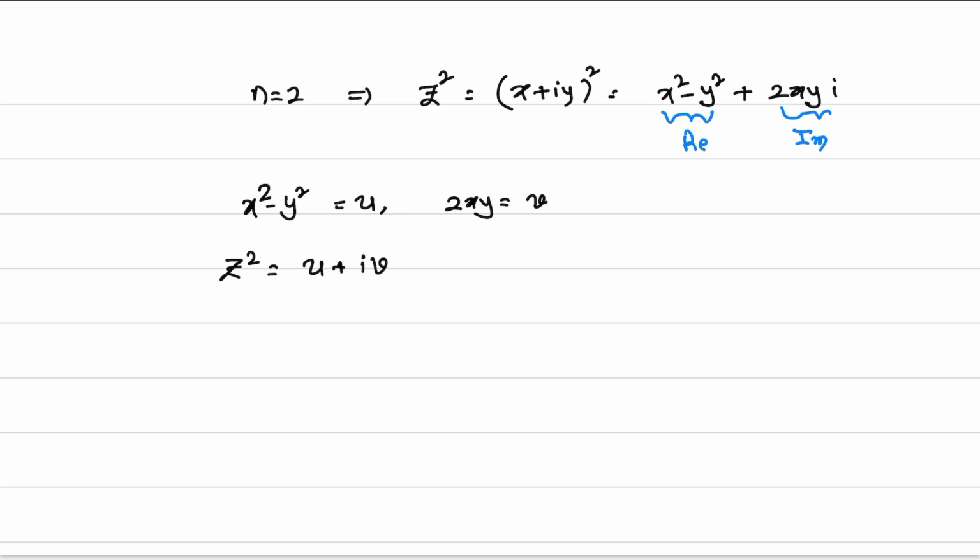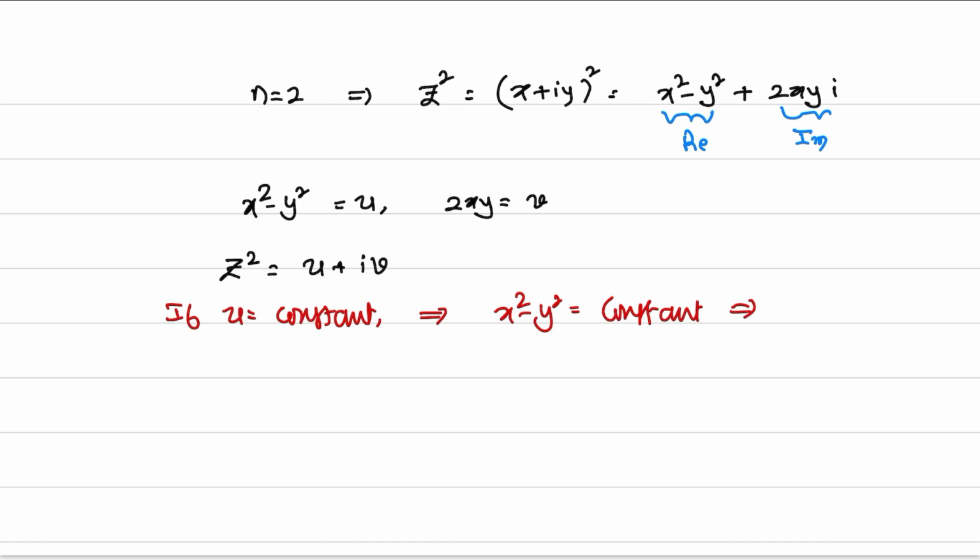Then, if u is a constant, just imagine, it implies x square minus y square is equal to some constant.